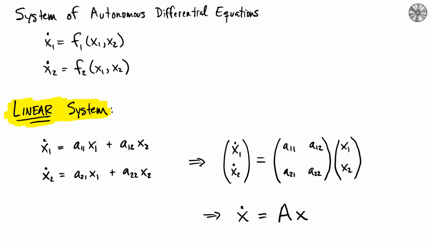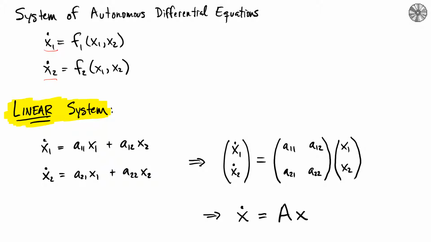Now we can chain together. Typically a system can have more than one state, and those states can be interrelated, so the change in one state could affect the change in the other state. That means we would write them as a system of coupled autonomous differential equations.